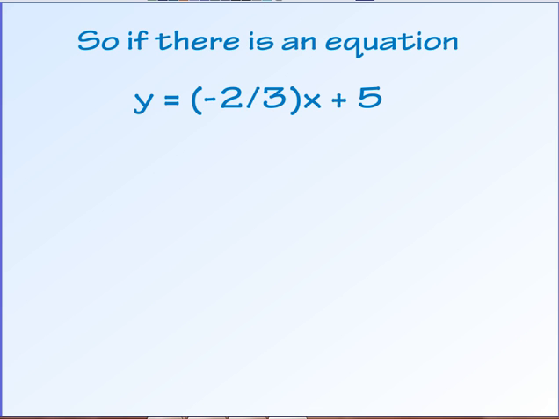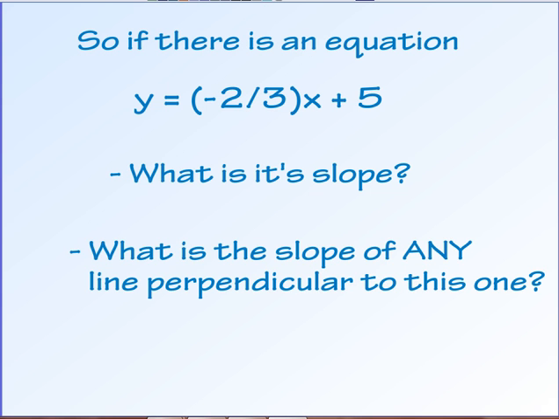And if I have an equation y equals -2/3 x plus 5, what's its slope? Well, if I'm in slope-intercept form, again, I look for the coefficient of the x and I find my slope of -2/3. So what's the slope of any line perpendicular to this one?